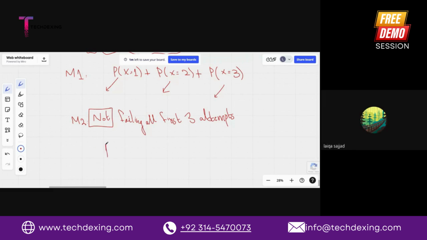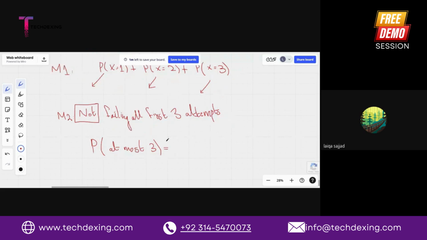Okay, so we can write it as probability of at most three. This is the same thing, that she needs to get successful in at most three attempts, or if I say that she must not fail all the first three attempts.